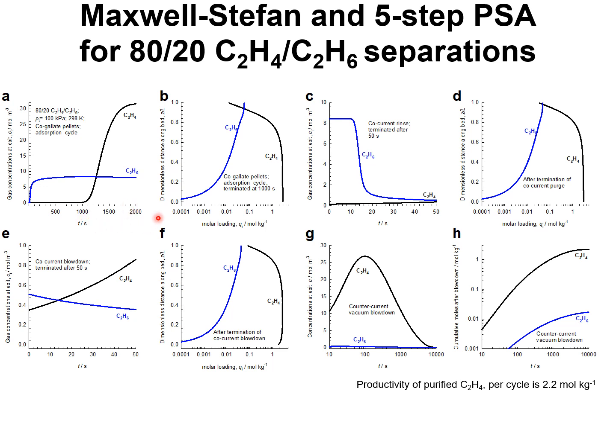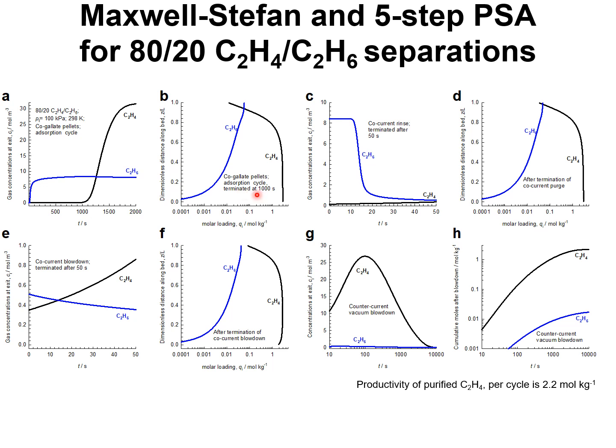The component loadings for ethene and ethane along the height of the fixed bed adsorber are shown here with the units of moles per kilogram, and these are the adsorbed phase loadings at the end of the adsorption cycle that is terminated at 1000 seconds.